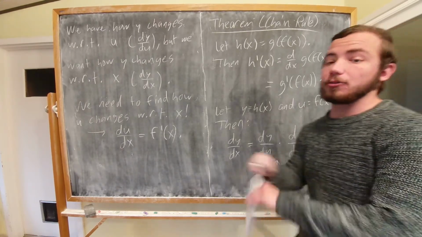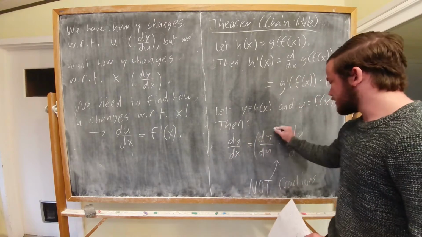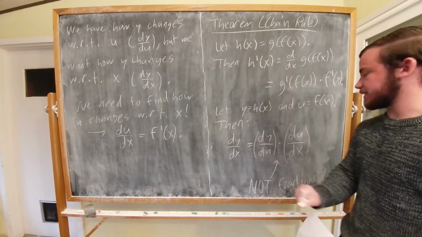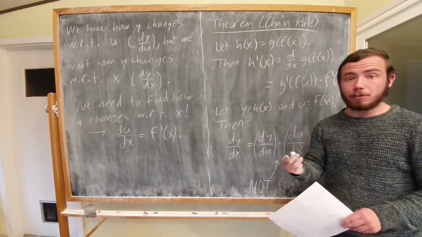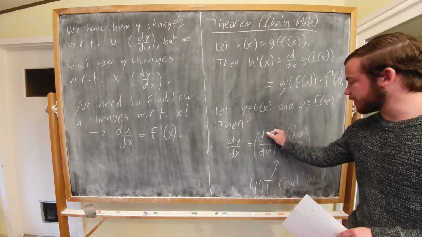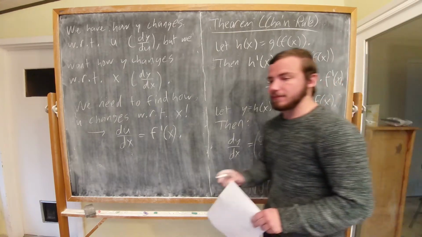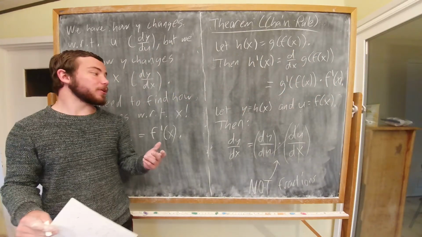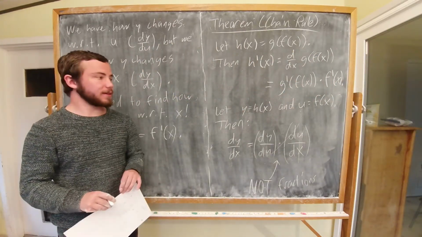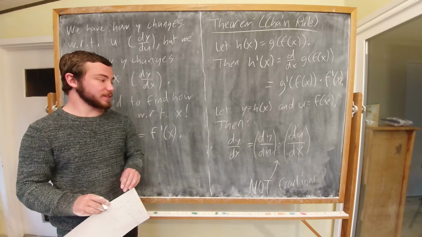That's not how this works, right? These are symbols that you have to take together. But it's a good way for remembering, it's kind of like a little chain. That's how I choose to remember the chain rule anyways. And probably where it got its name from, honestly.